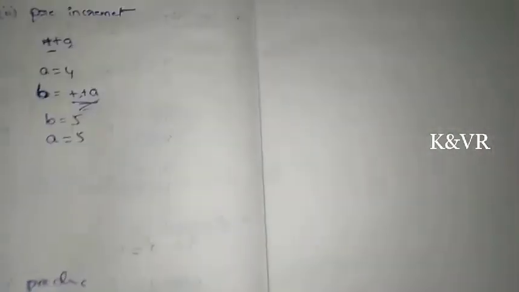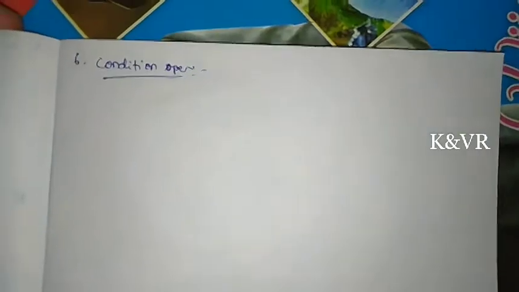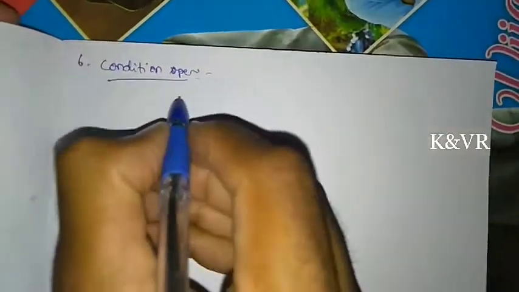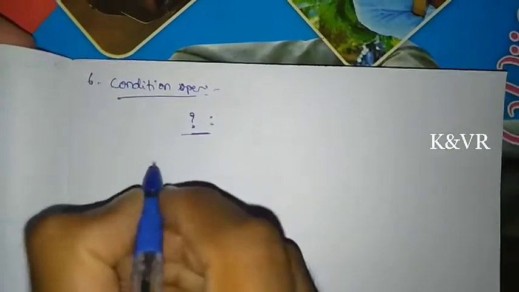And later we go to the next concept, the conditional operator. It is a very important operator that we use often. This is the conditional operator. What is the syntax?